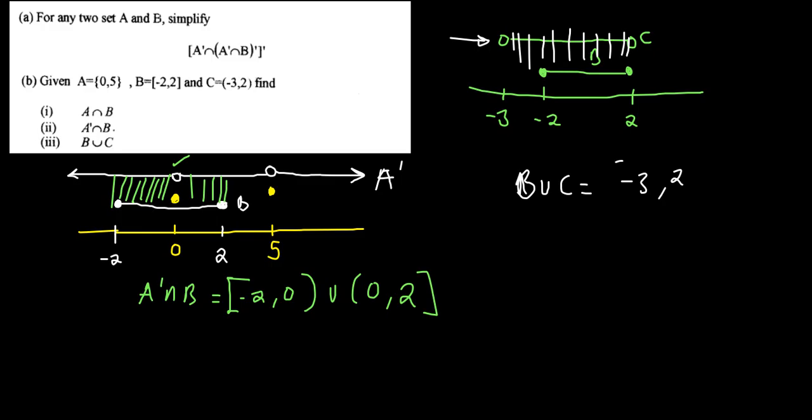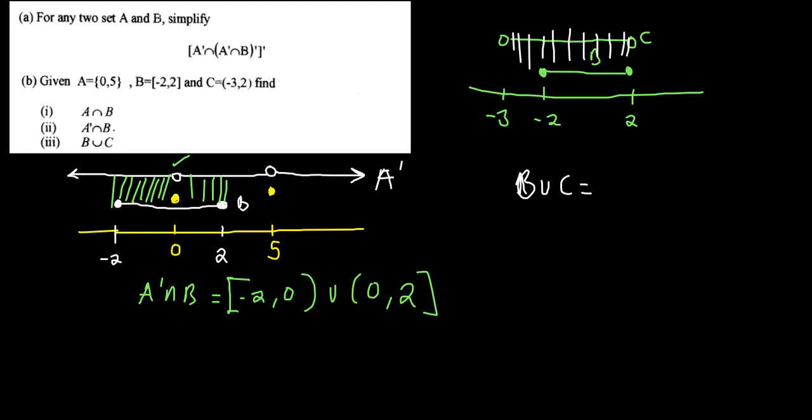So it's from negative 3 up to positive 2, right? And then we are talking about the union. Union means combining, so we'll get all these elements from here going like that. So we are combining the two sets, so up to that point. So that will be the union.